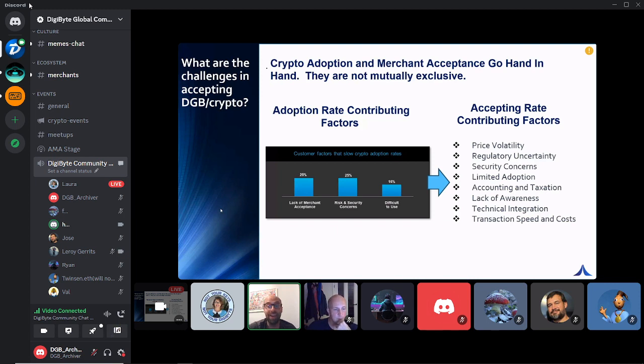Because if I don't have anybody that I have to pay in crypto, my suppliers in crypto, then I need to turn that into fiat or cash, which becomes a little bit extra steps. And I think managing the cash flow for merchants is a concern. It's a concern for businesses no matter what, but when you start incorporating other types of payment methods, it makes it even more complex, especially for the smaller merchants.